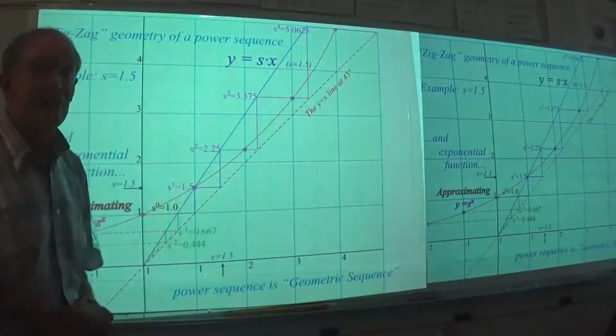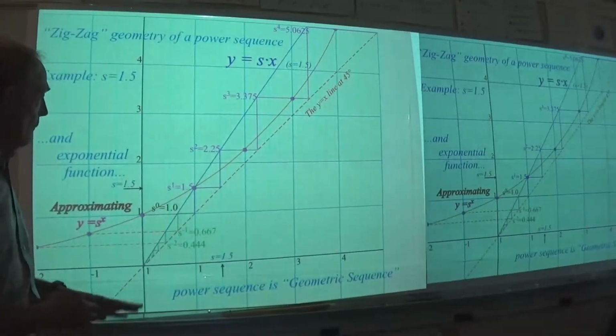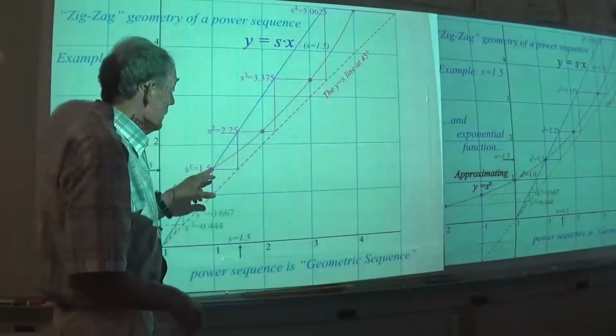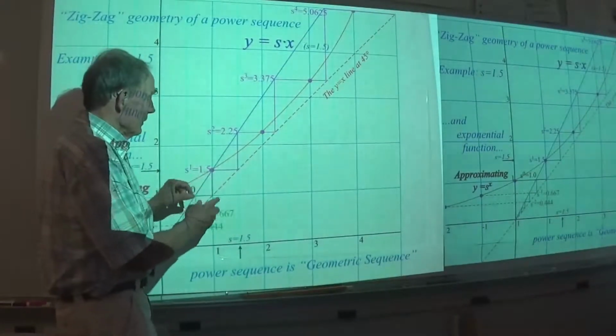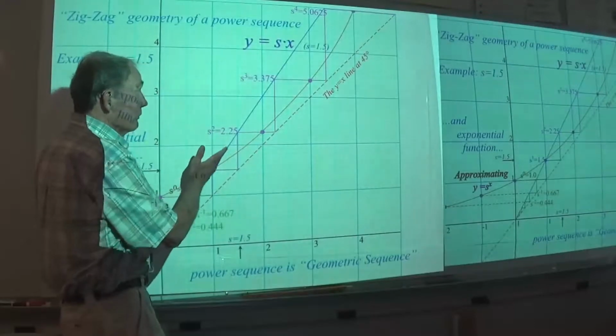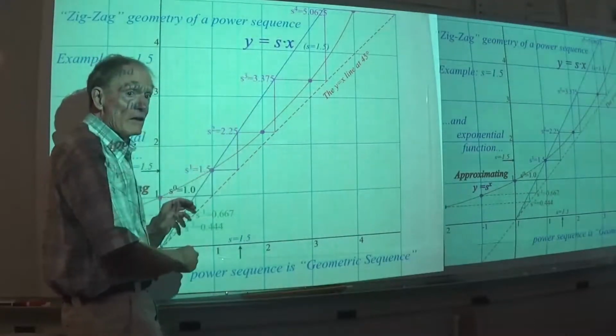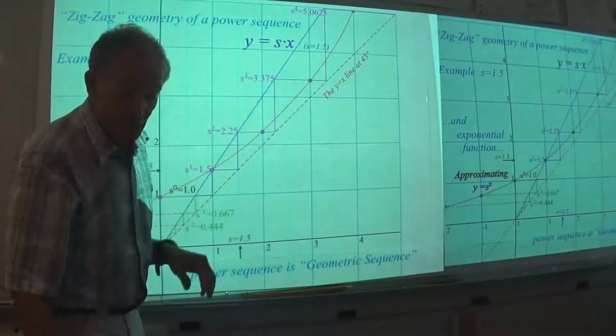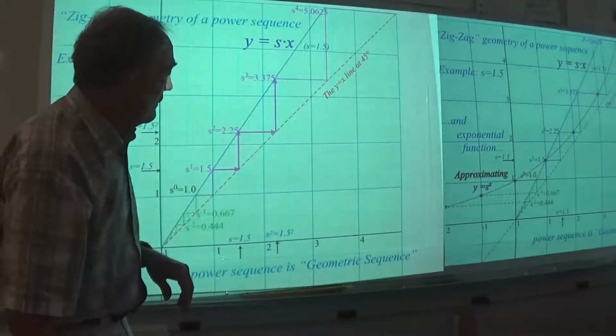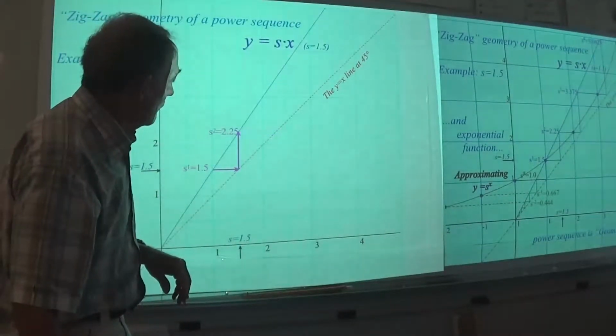Can I ask a question? Yes. How does that zigzag work? Like, why does it work? Well, just the idea that I have a line y equal sx, right? Yeah. And the very first, it won't hurt us to go back to where we didn't have all of them.